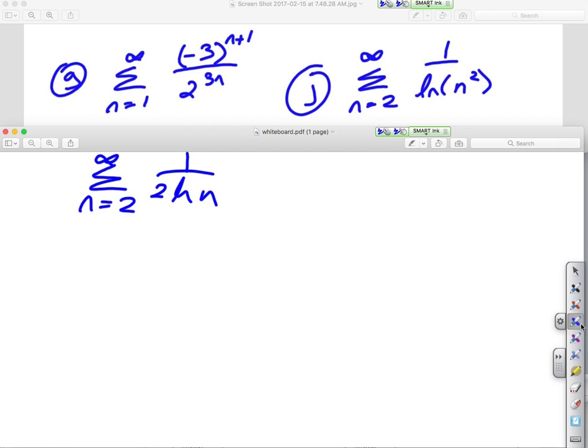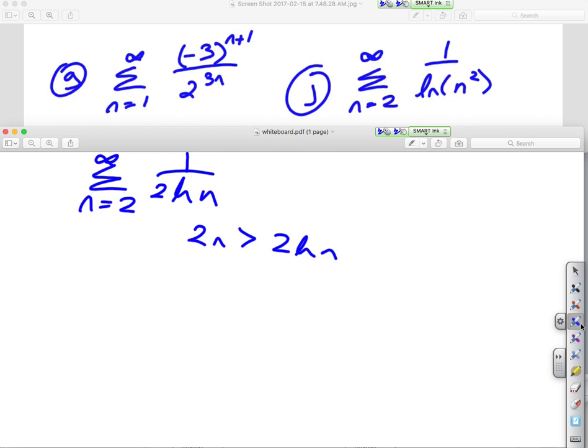Now here's what I've done a poor job of: when we're comparing to see whether or not something is greater than or less than, you want to start with the denominators. So the denominator that's going to be similar to 2 natural log of n is 2n. So I want to start with the denominators and compare those two. So which one of those two is larger? 2n is larger. So I'm going to state that.